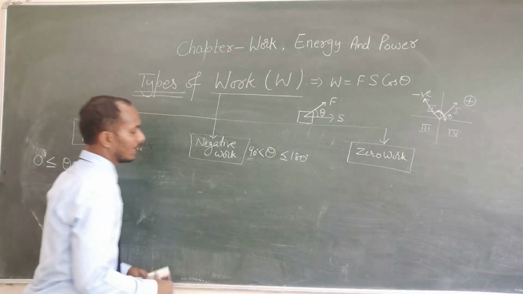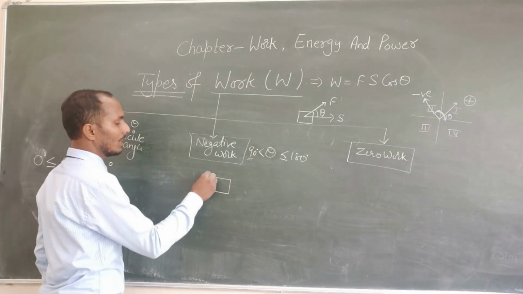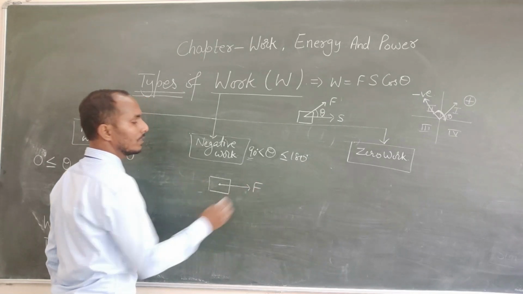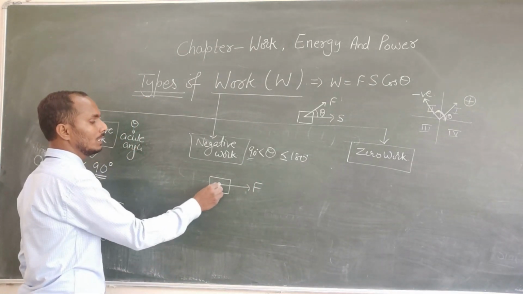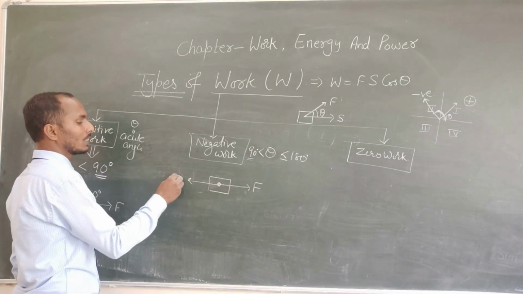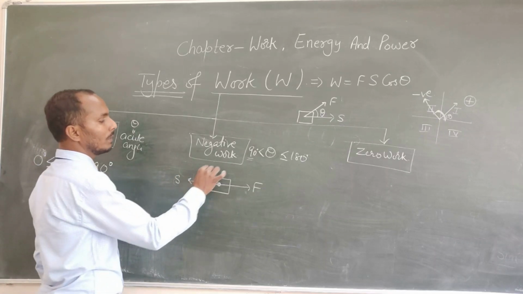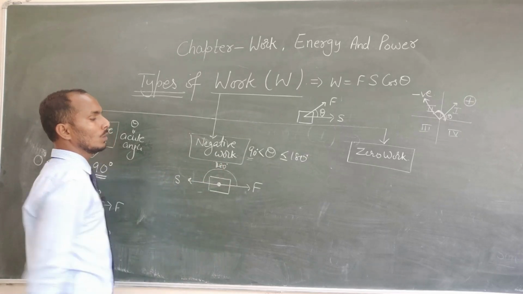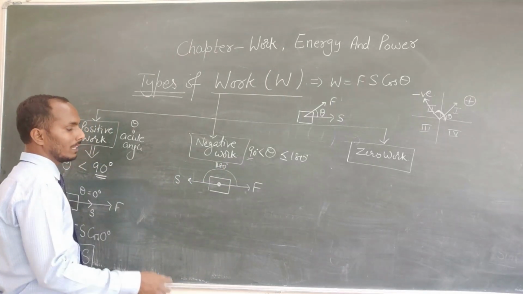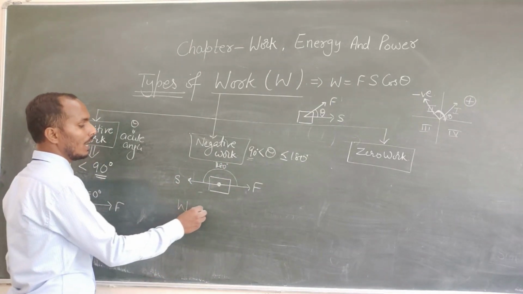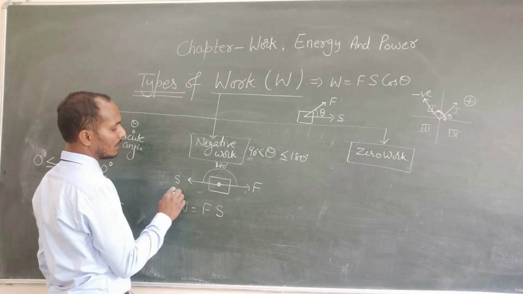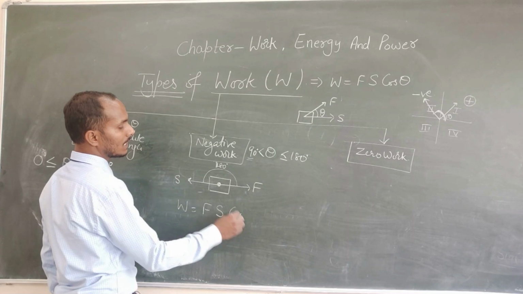Now take an example. Suppose we apply a force F on a body in this direction, but the body is displaced in the opposite direction, then the angle between them becomes 180 degree, and we know that cos 180 degree is -1. So work becomes F, the force applied, S, the displacement, and cos of the angle between them.